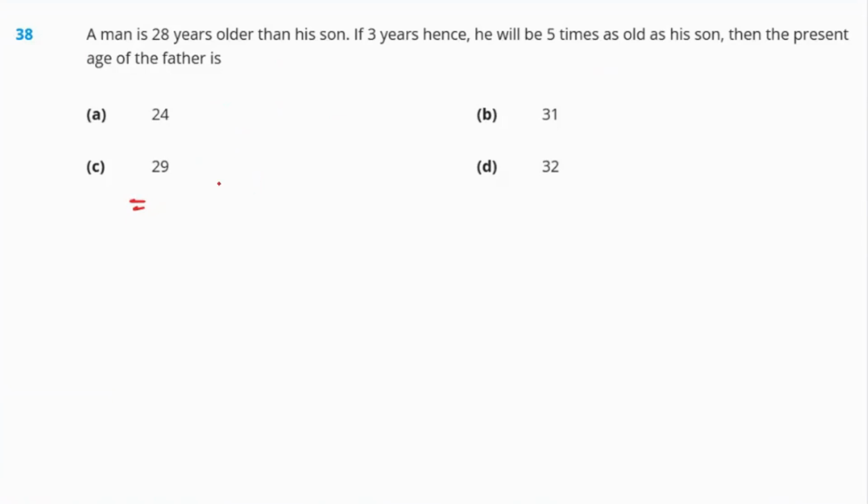Let's suppose we take the age of the son as x. So the father's age is x plus 28, and after 3 years, x plus 28 plus 3, which will become x plus 31.